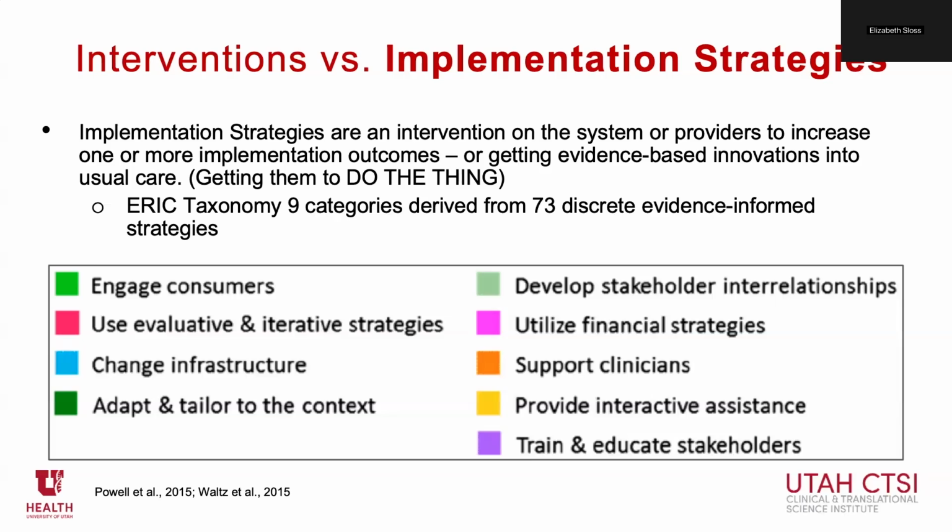Changing infrastructure is one that I think a lot of times we don't really focus a lot on. Right now, as part of the RC2 project for the CTSI, we're integrating rapid genome sequencing into the NICU. I did not develop it, I just helped on the D&I stuff, but we developed a PhenoPlus tool that allowed for that rapid genome sequencing to be communicated for potential needs of therapy in an automated way within the electronic health record.